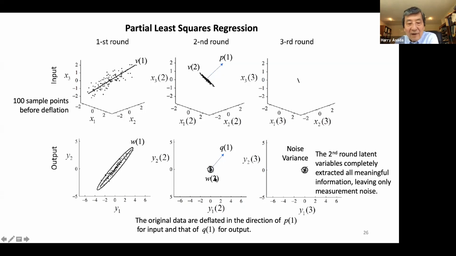And then we found the loading vectors and predicted that. And the third step, it's almost nothing in the input space, a very small residue. And the output space is basically no change, which means that up to step 2, we have taken almost everything. And the remaining part is just noise.